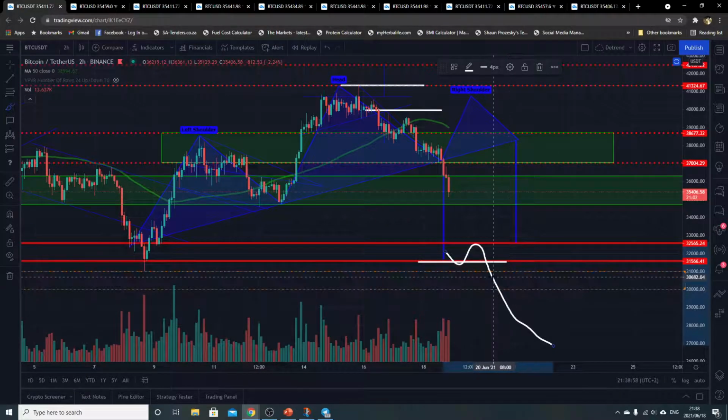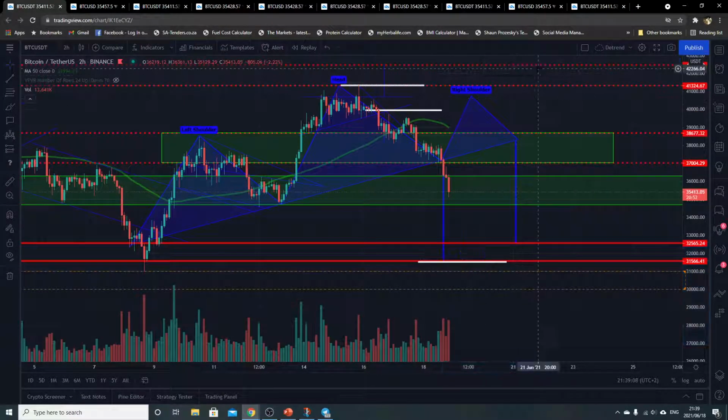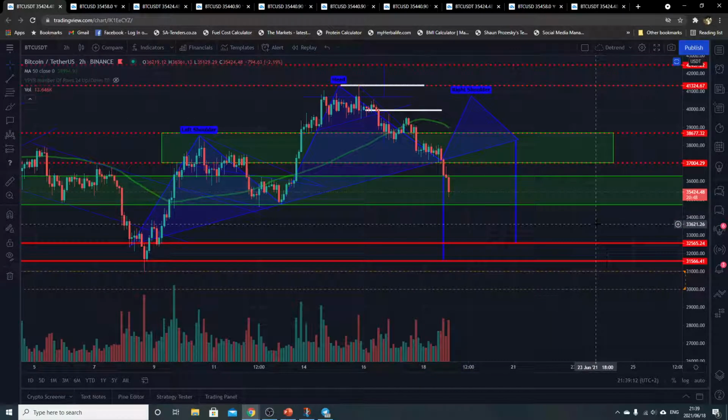All right, guys, so you see now that this has now happened. We're currently sitting around there. Let me just get rid of that because the squiggly lines are frustrating me at the moment. So that's what is happening on the Bitcoin price today. It's nighttime now, so nothing's really going to happen.